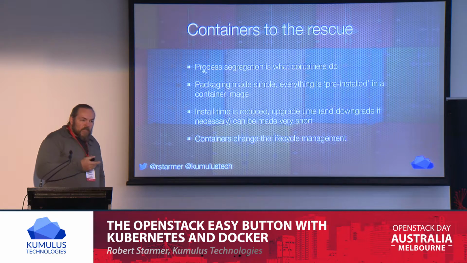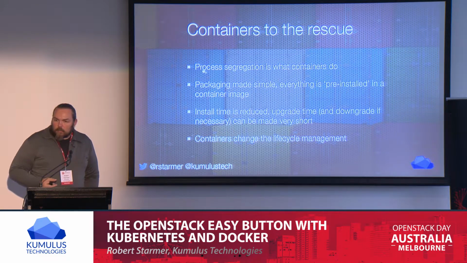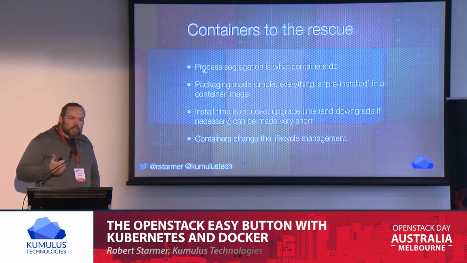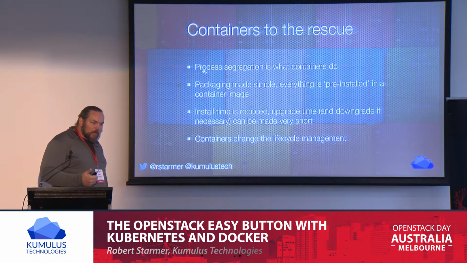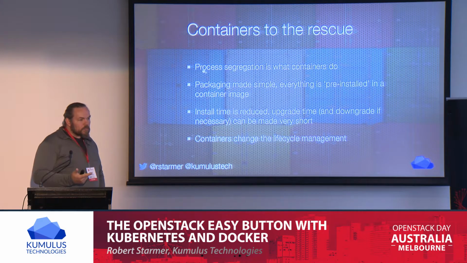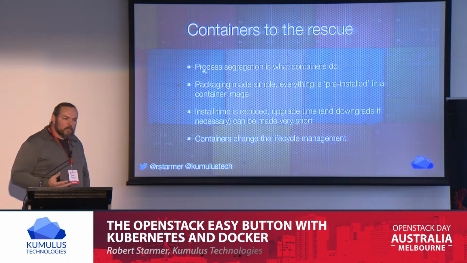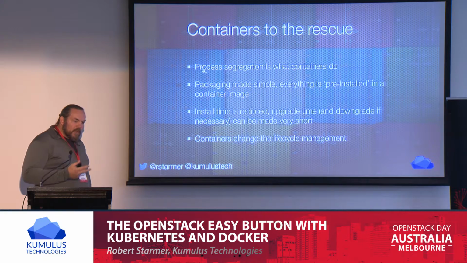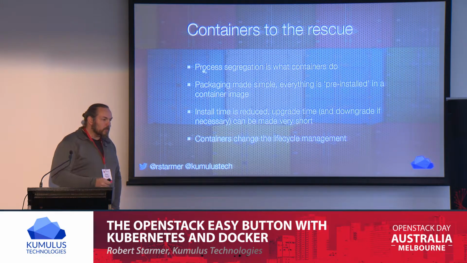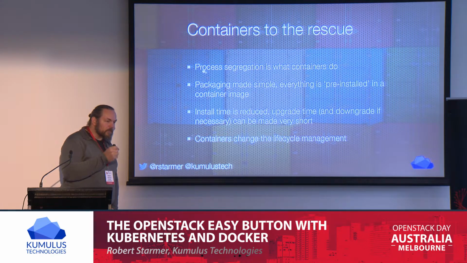But I'm going to actually containerize each of the individual processes. So the Nova API, right, RESTful endpoint for Nova, is a separate process from the Nova scheduler, which is a separate process from the Nova conductor. And I'm going to put each of these into their own container. Right? And in doing so, if I need to update the Nova conductor code, I don't have to touch the Nova API service, I don't have to touch the Nova scheduler.